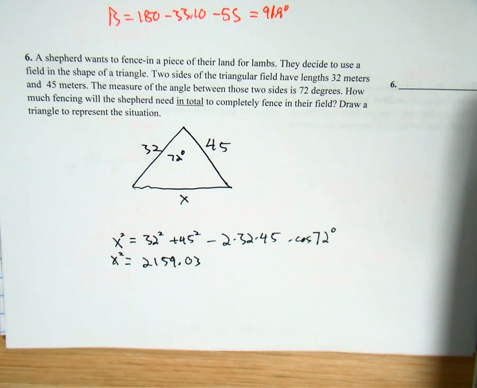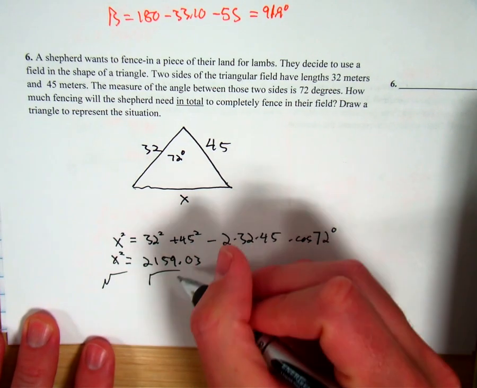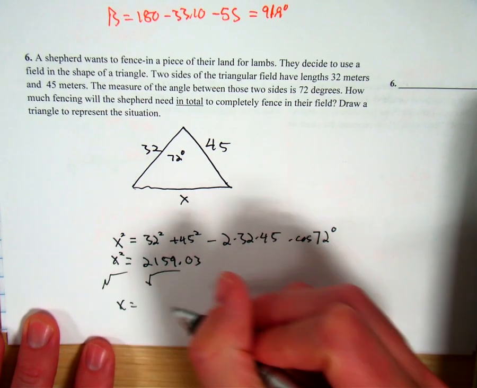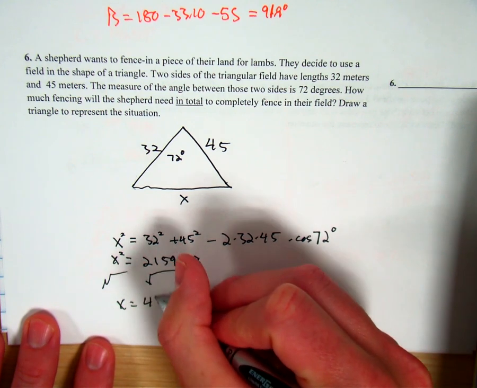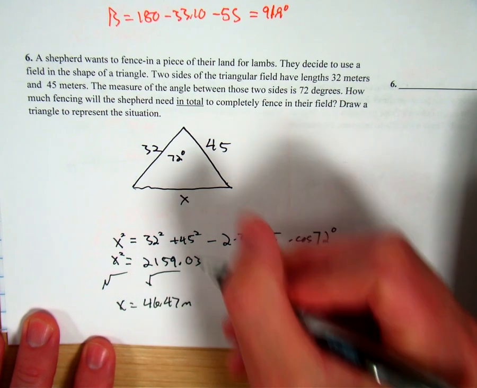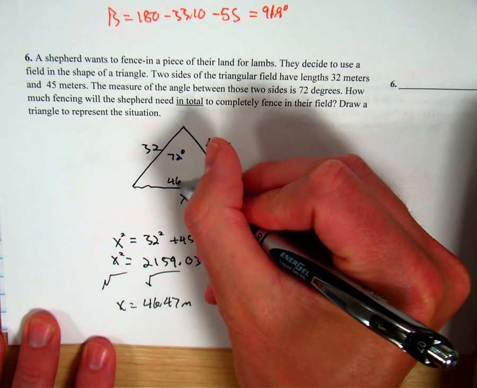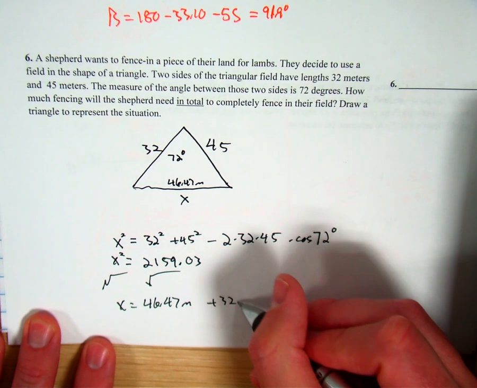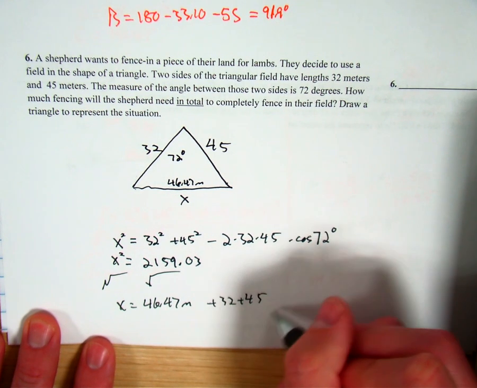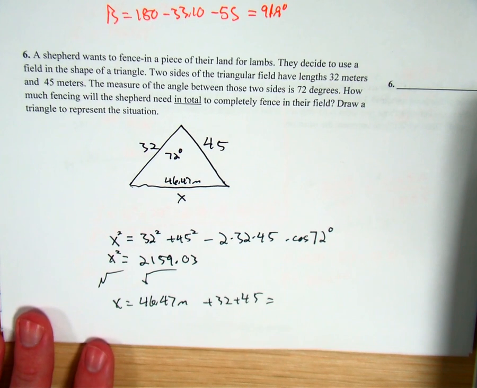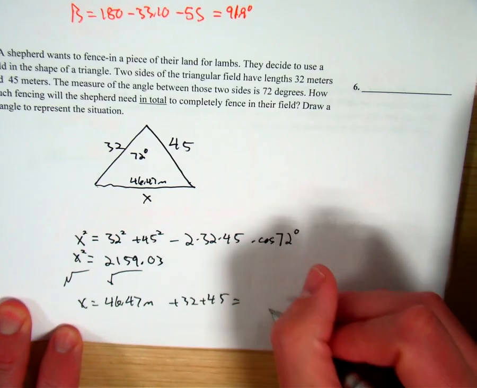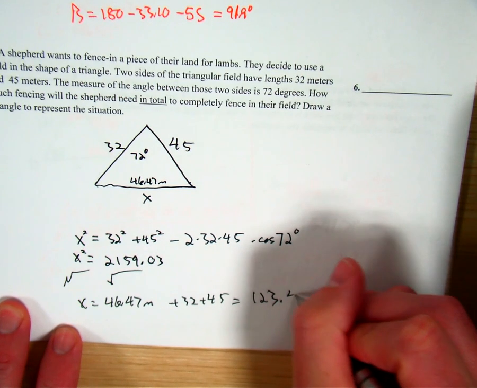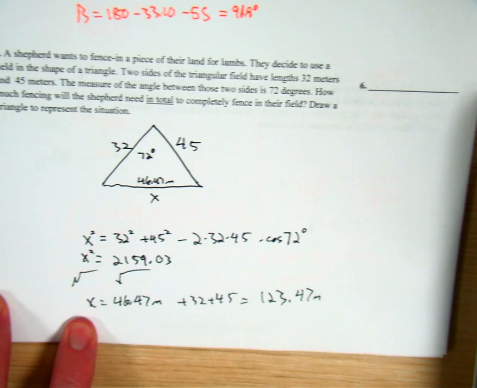Square root, and our missing side is 46.47. Now when I add on the 32 and the 45, the total amount of fencing we need is 123.47 meters.